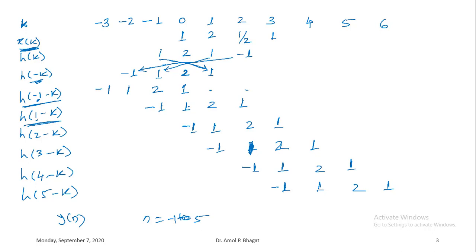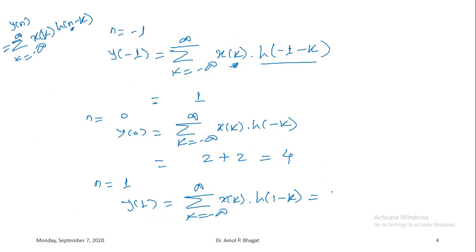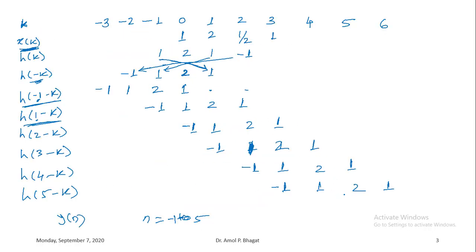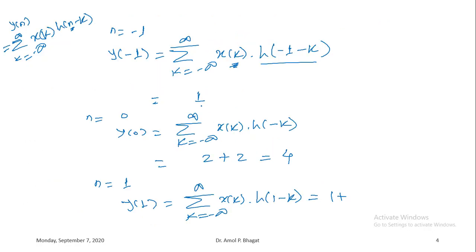Then 1 multiplied by 1 will be 1, so we'll write 1 here. Then here it is 2, 2 multiplied by 2 will be 4, right? So plus 4 will be there.